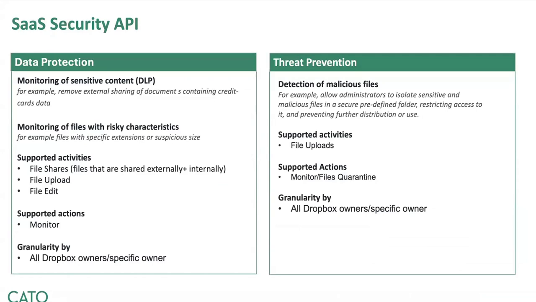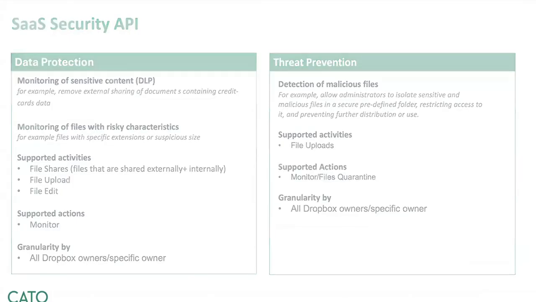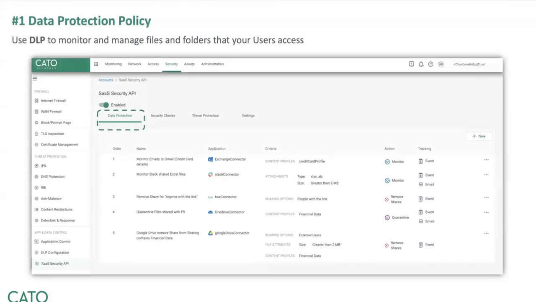So from the key use case point of view, we have two, actually we have three. We have data protection, we have the threat prevention, if your customer subscribes to the API out-of-band Cato DLP service. All right, so let's look at it one by one.